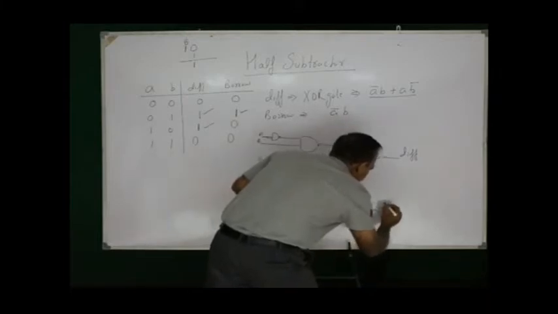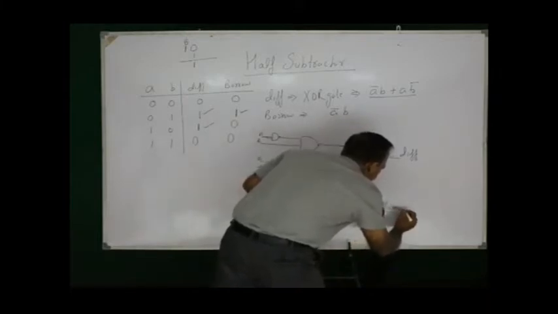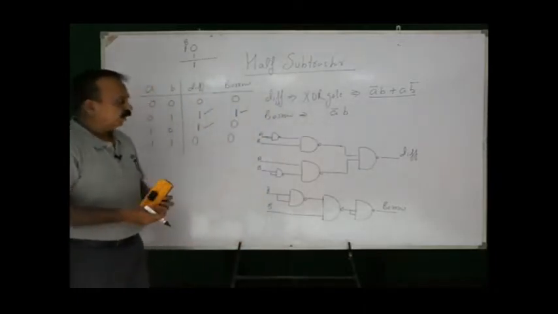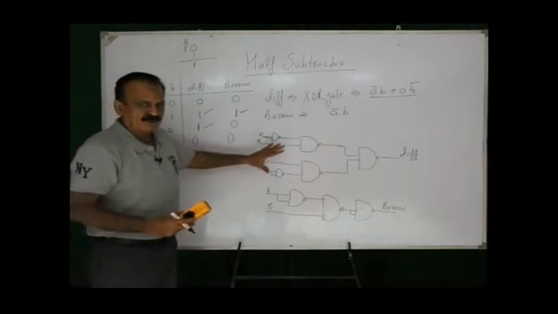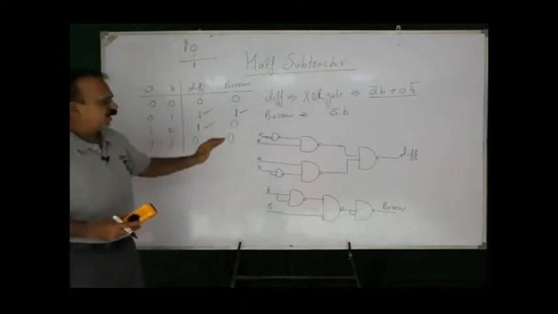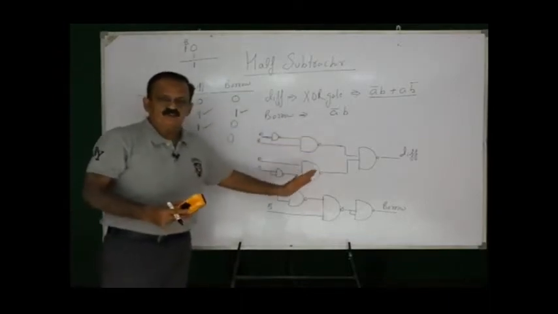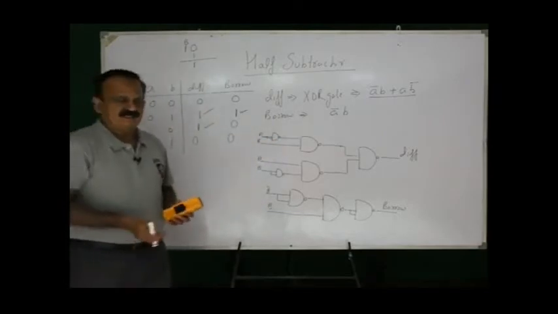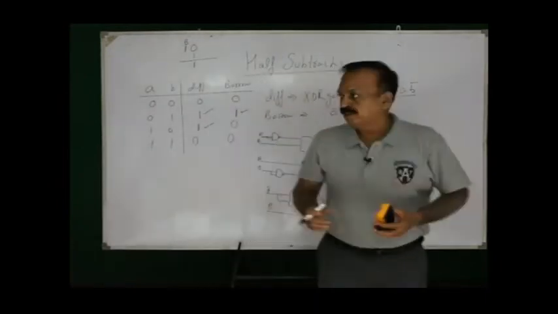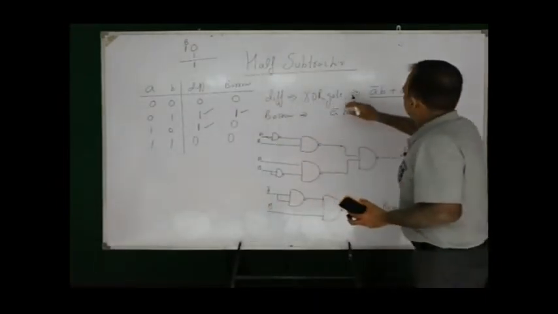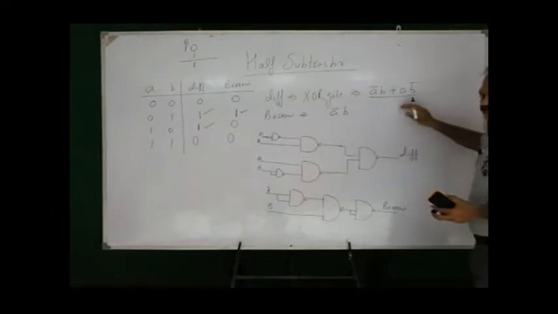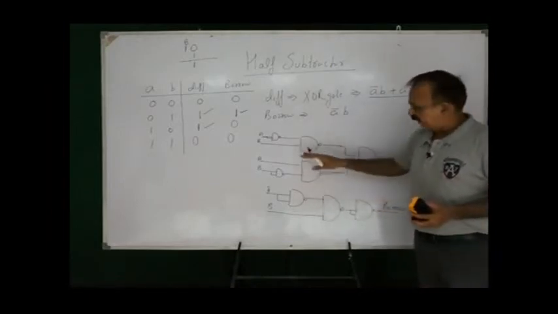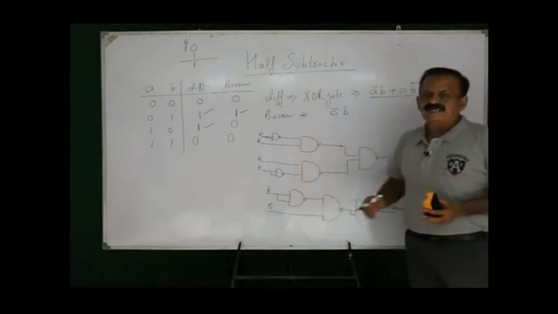This value will be nothing but the borrow value, that is the value A bar B. Now this is the implementation of this half subtractor by using universal gates only. We use NAND gates here because we found the expression in the form of sum of product, and sum of product expressions are implemented by using NAND gates.